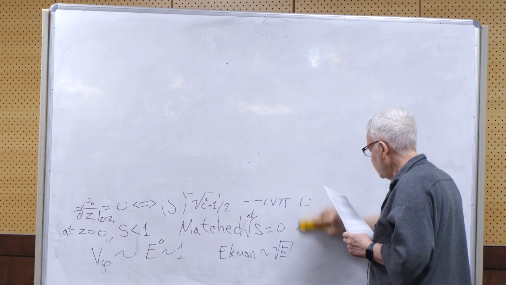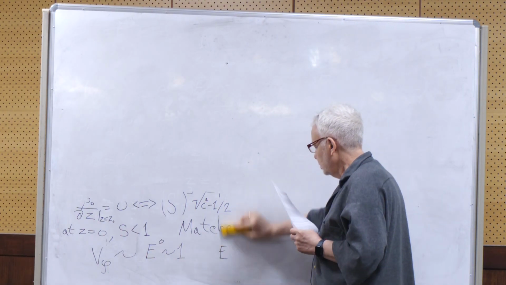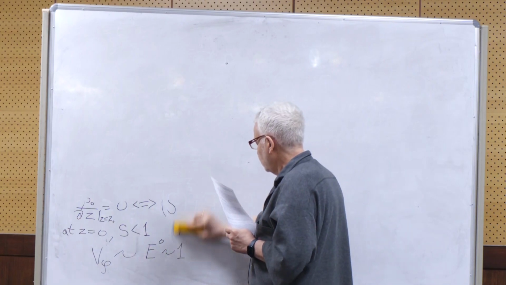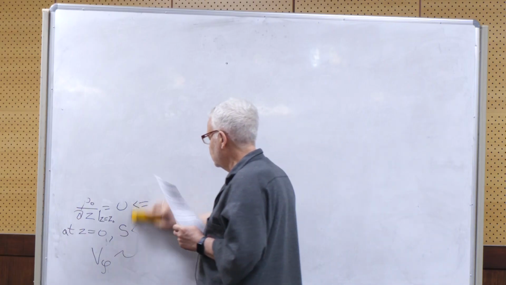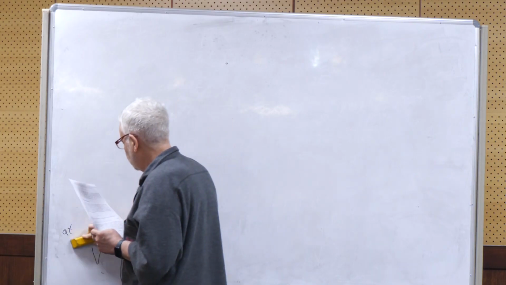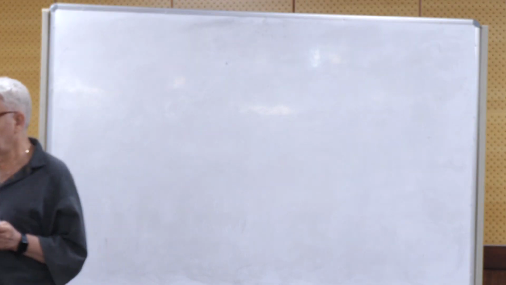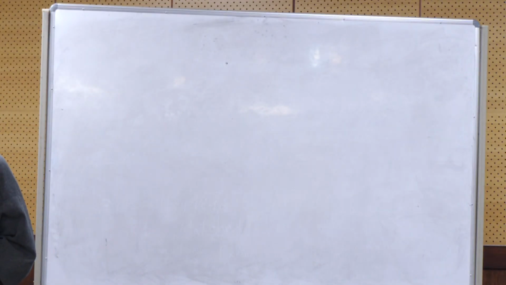And on the equator, this layer becomes not so important, and so we can manage with them in quite a different way than we manage it in the Ekman number.